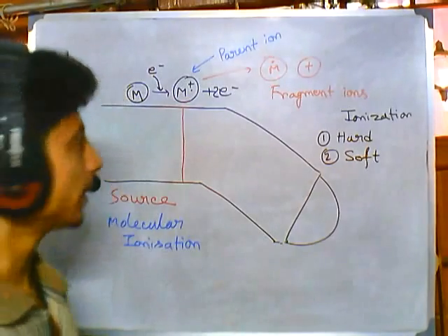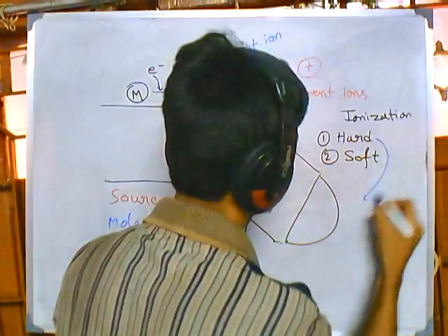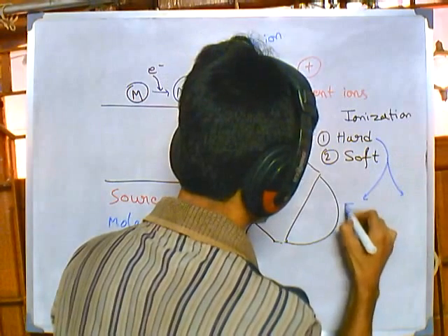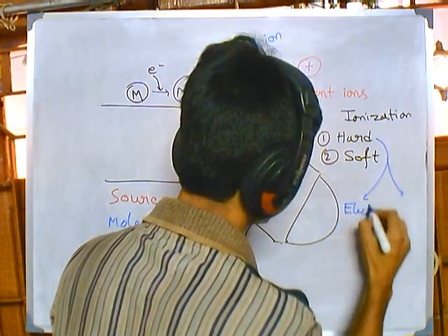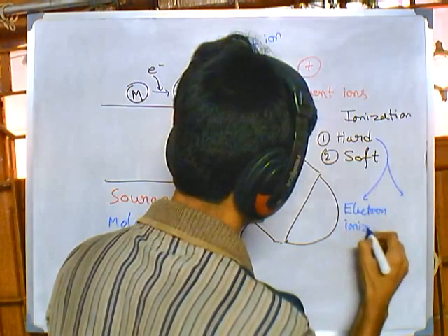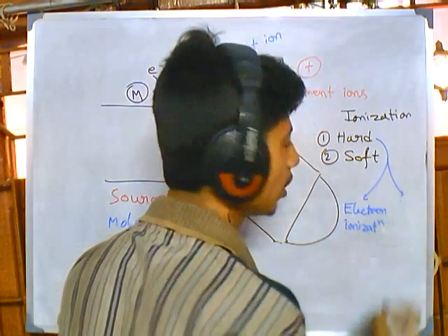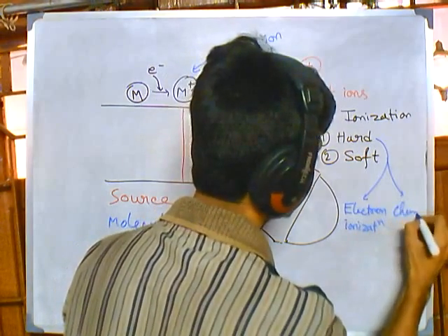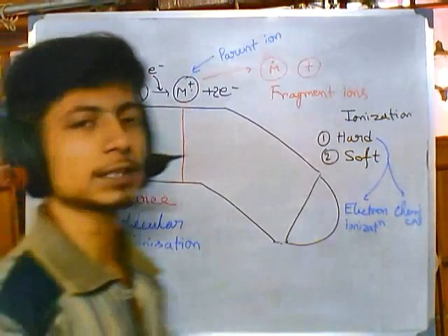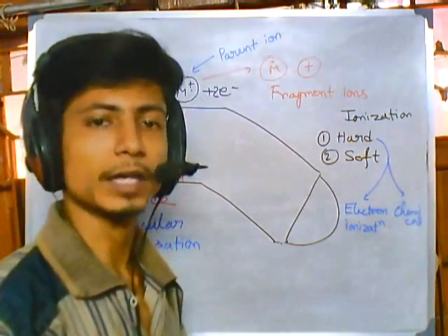Now we can further divide this hard ionization into two different parts. One is called electron ionization, and the second one is called chemical ionization. So these are the distribution and the classification of ionization.